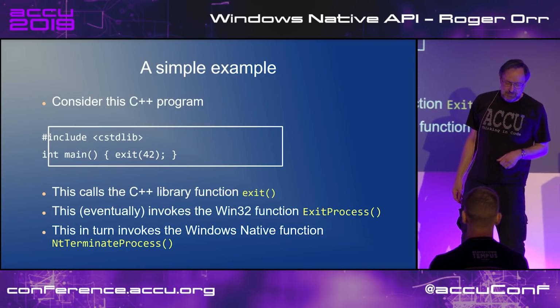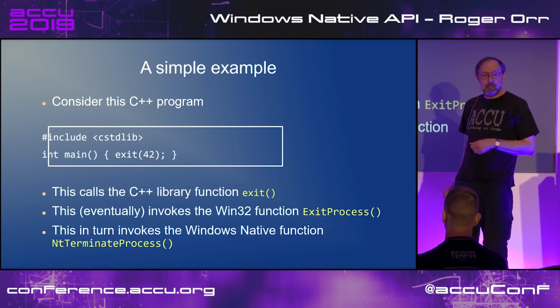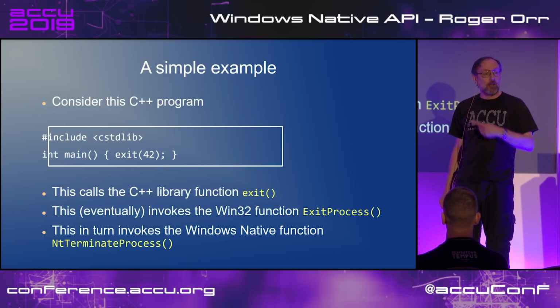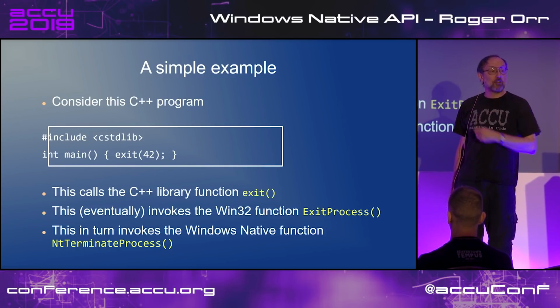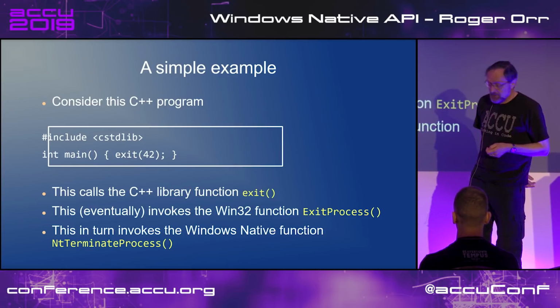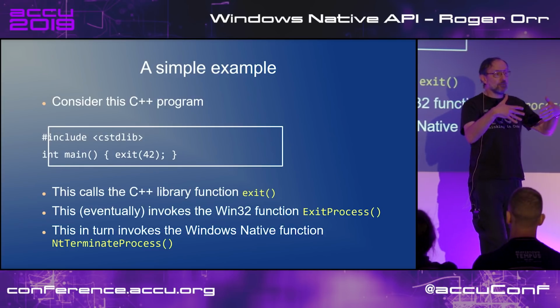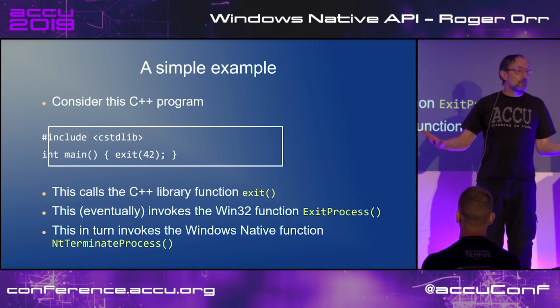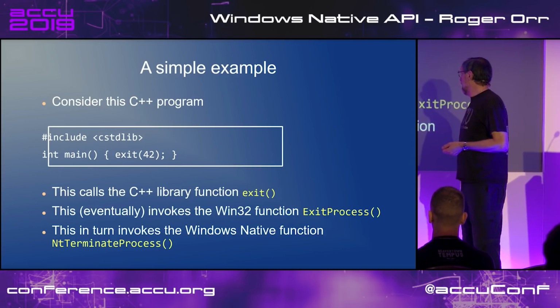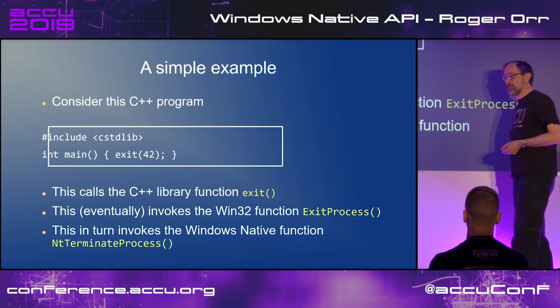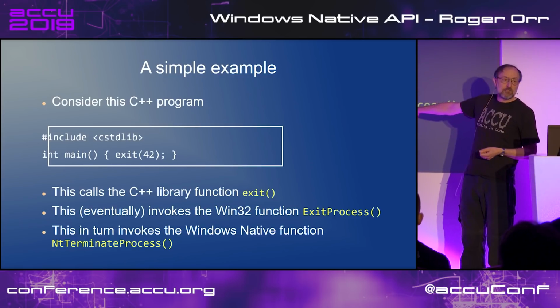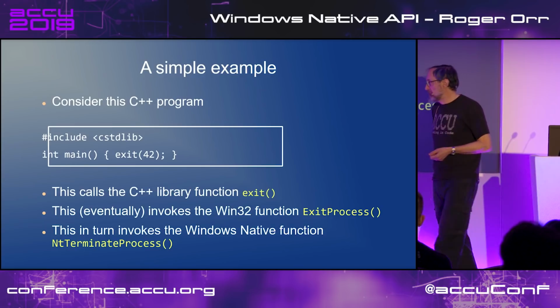What really happens, if you actually follow through with a low-level debugger and look at all the stuff that this little program does when you run it, it's quite terrifying. But we'll stick with exit 42, which goes under the covers and eventually invokes the Win32 function called ExitProcess. Different naming convention, but does basically the same thing.